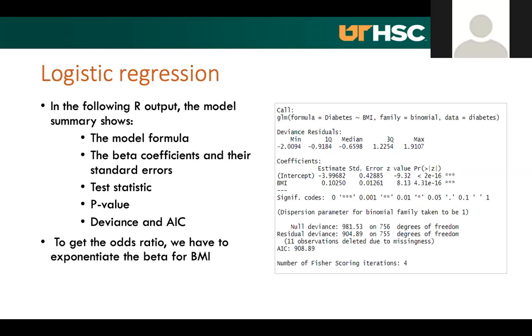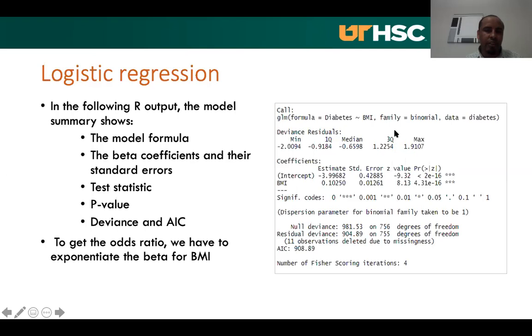So in this R output, we have the formula at the top. We have deviance residuals, the residual, which means deviation from the observed and the expected values.